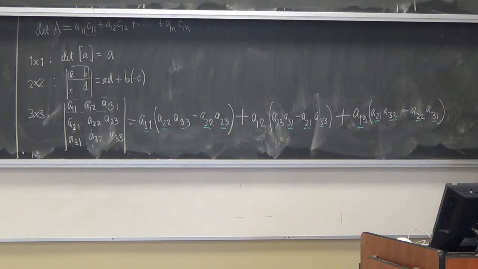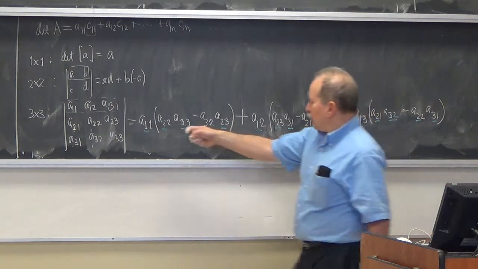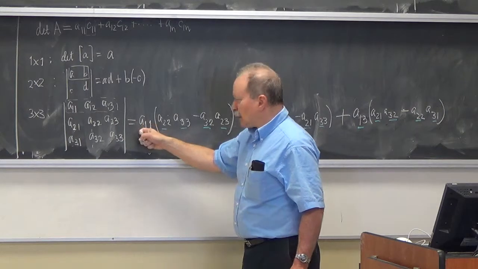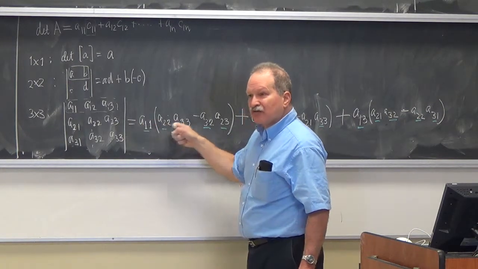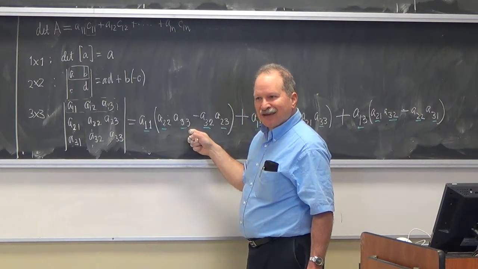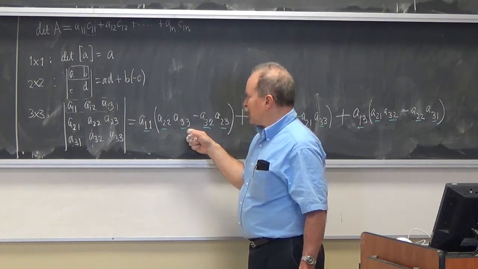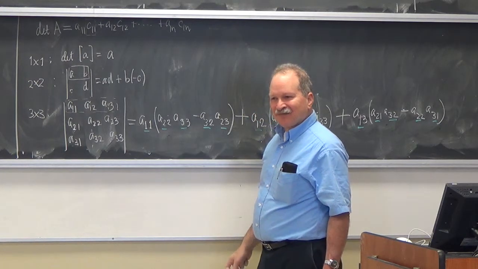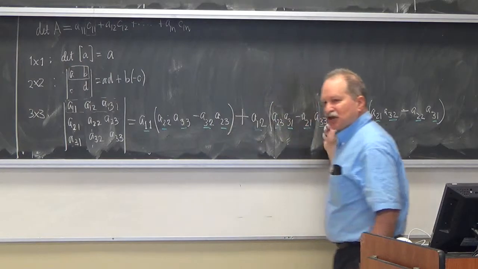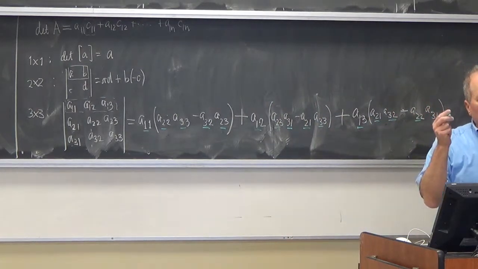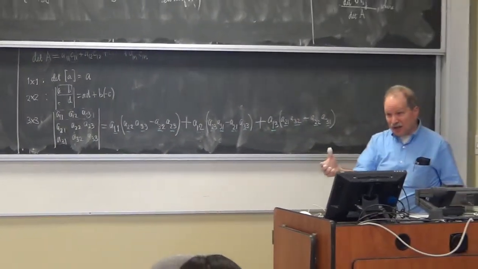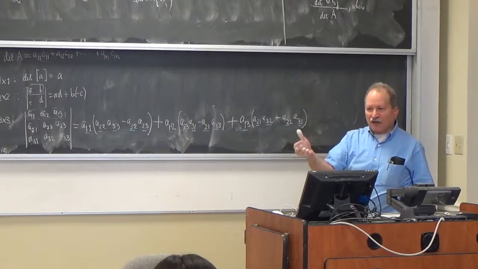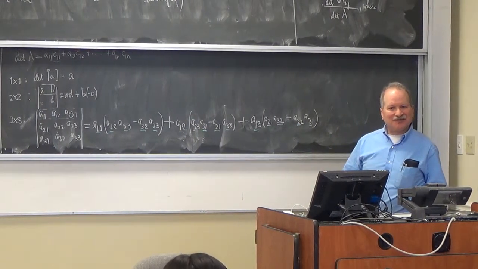Each one of them has a product of somebody from the first row, somebody from the second row, somebody from the third row. Also true for the columns. Each of the 6 terms has a product of 3 things, 1 from each row and 1 from each column.